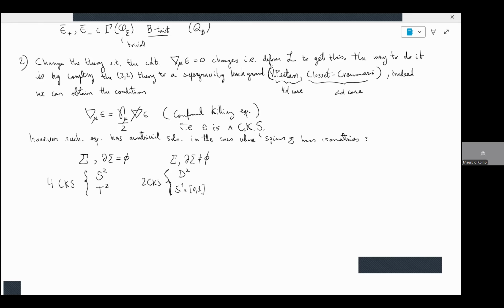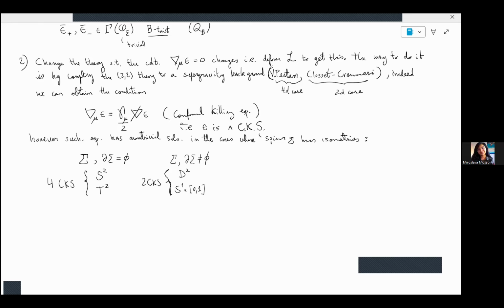Then I changed my theory, deformed the Lagrangian, and changed my equation to this. You may have the hope that you can solve this equation in more geometries, but you can only solve it in these 4 geometries. So it's not such a happy situation.